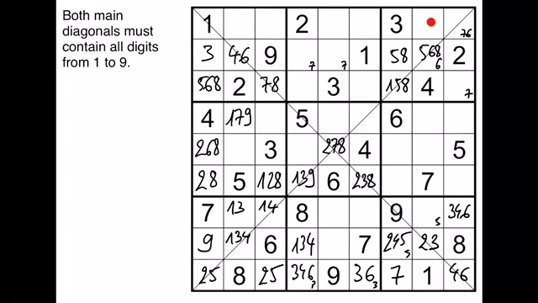What now? This still has 4 possibilities. No, not the 6. 6 can't go there, so this has to be 5, 8, or 9.